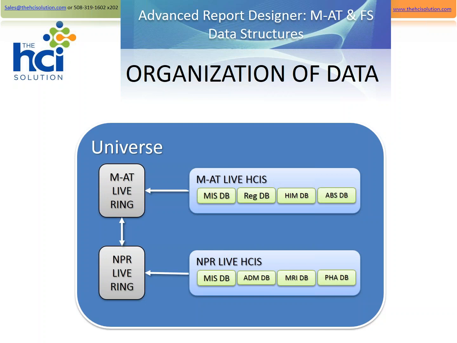Everything has the same look and feel, but behind the scenes, there's a separate MAT ring and a separate MAT HCIS, and a separate NPR HCIS and NPR ring. There are a bunch of connections and interfaces that allow data to flow between the two platforms, but they really are separate rings of code and separate HCISs.